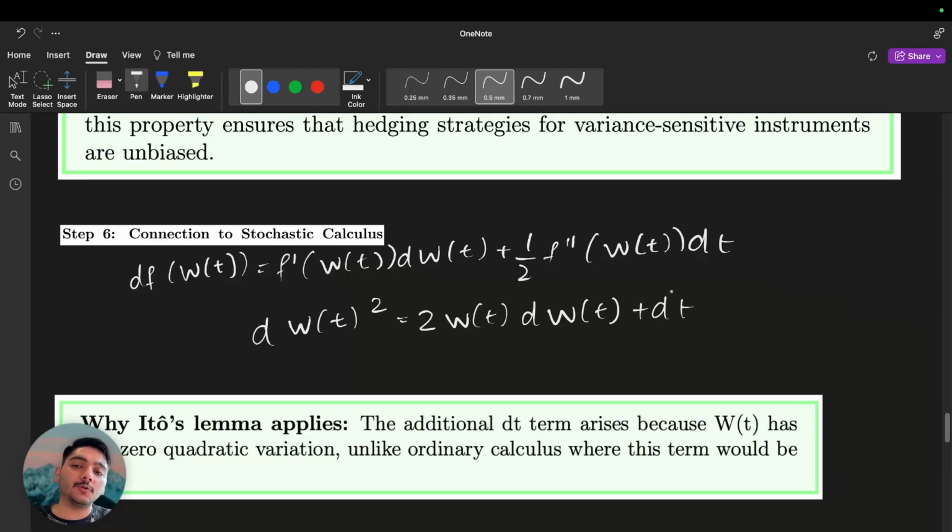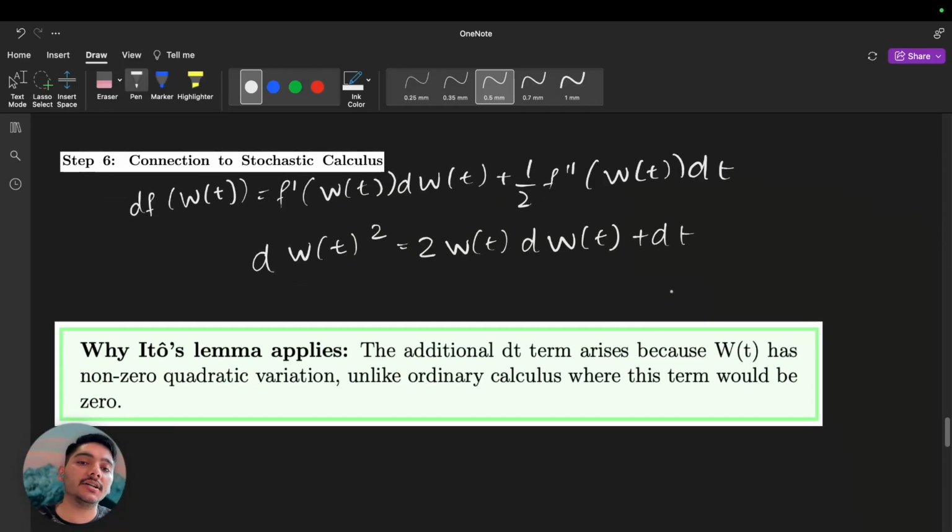Why does Itô's lemma apply? The additional dt term arises because W_t has non-zero quadratic variation, unlike ordinary calculus where this term would be zero.